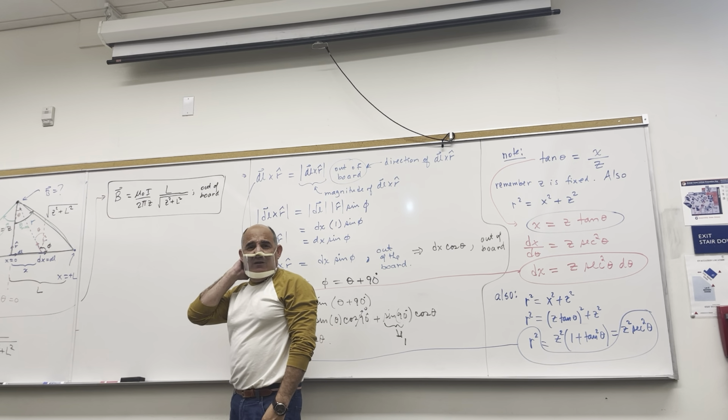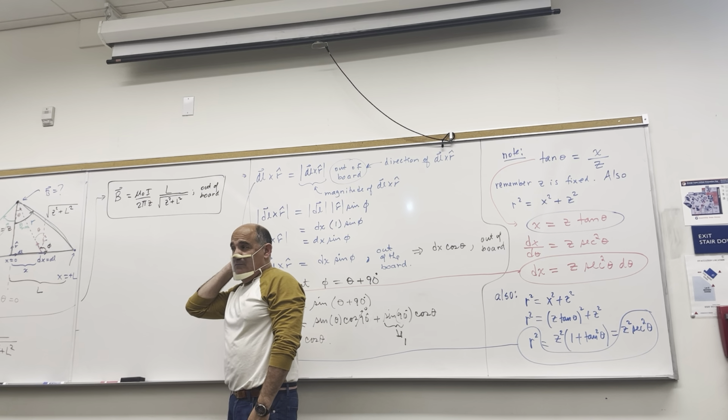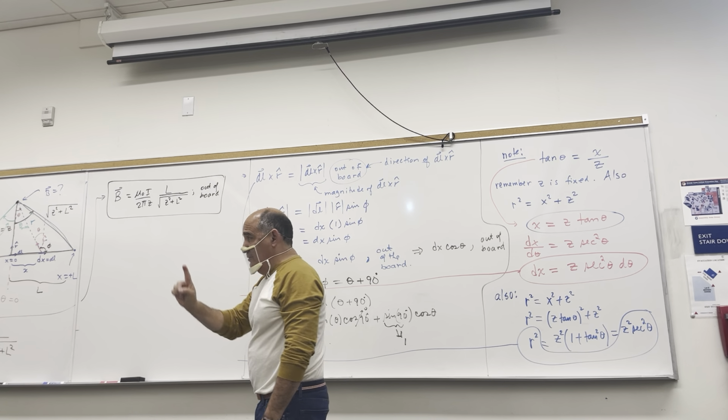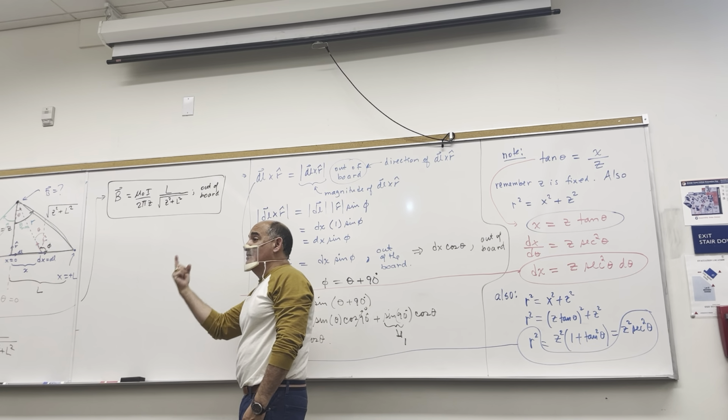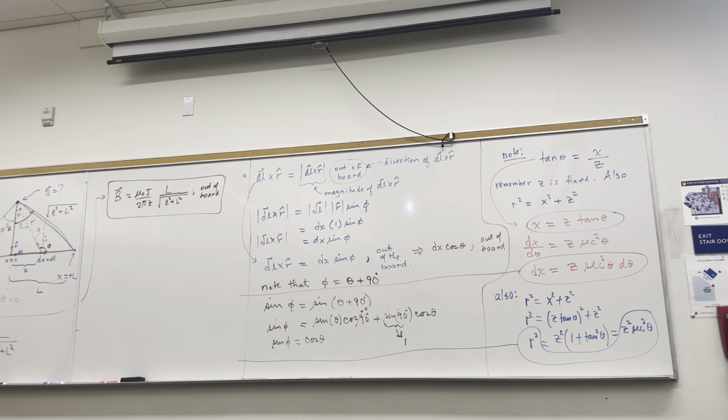And before you evaluate the integral, you have to express the integrand in terms of 1 variable and constants, and then do the integral. Right? And for me, I decided to express x and r in terms of theta, and doing that, you end up with a very simple integral to solve.